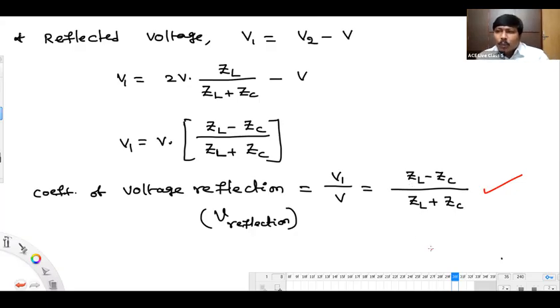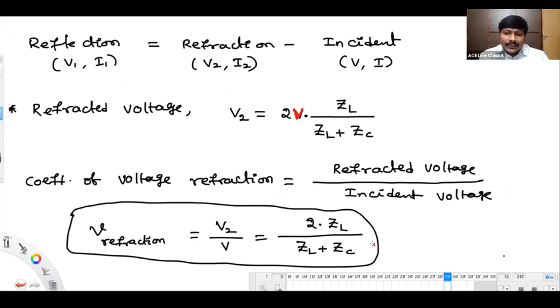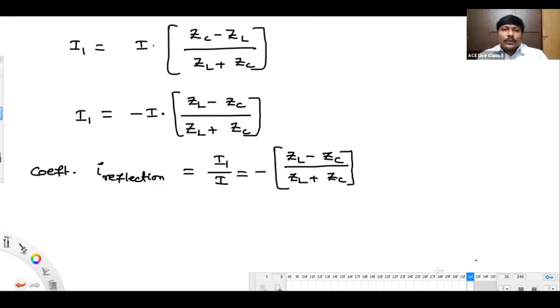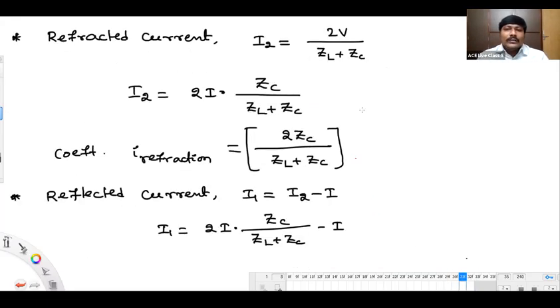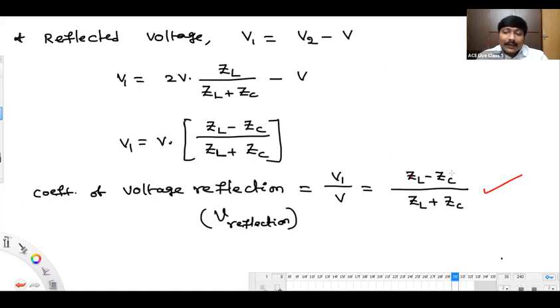What is the voltage refraction coefficient? 2 ZL by ZL plus ZC. What is the current refraction coefficient? 2 ZC by ZL plus ZC. What is the voltage reflection coefficient? ZL minus ZC by ZL plus ZC.